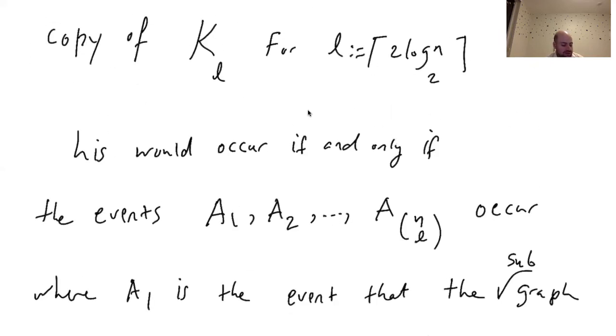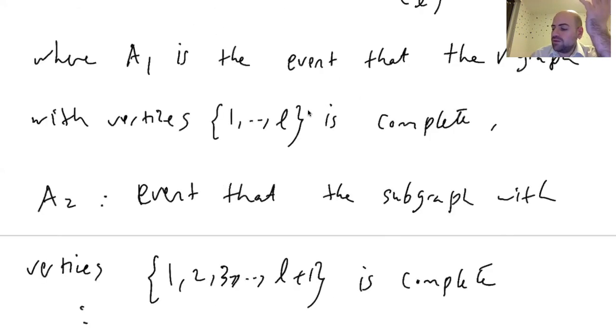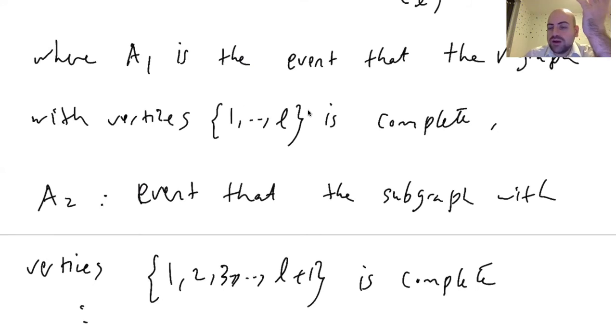So let me explain here. When can I say that I have a copy of the complete graph K_L? Well, in total, I have n vertices. So if I want to have a copy of K_L, either the subgraph with vertices 1 to L should be complete, or the subgraph with vertices, I don't know, 1, 2, 3 to L plus 1 should be complete, and so on.